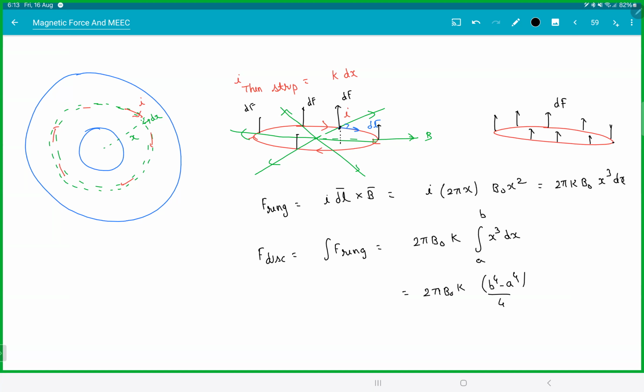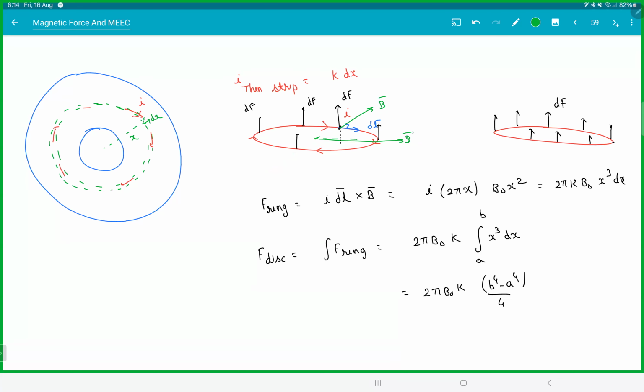Have a look at this. Is everyone getting why the force direction is up? Current is flowing tangentially and the B bar is radial. Maybe I will decrease the number of green lines here. Maybe now you can see more clearly. So here B bar is like this.